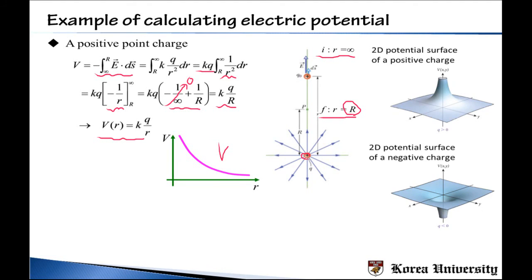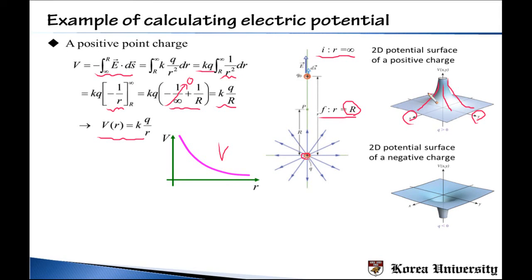So we can also try to represent it using a 2-dimensional potential surface. Along the x direction and y direction, you can see that the same 1 over r dependence appears, and also in between, the same 1 over r dependence. So it just looks like a mountain.